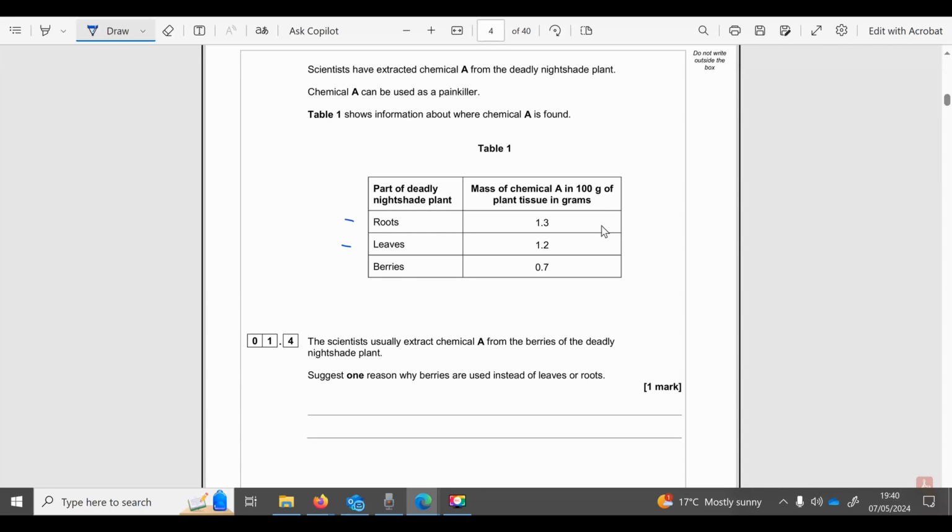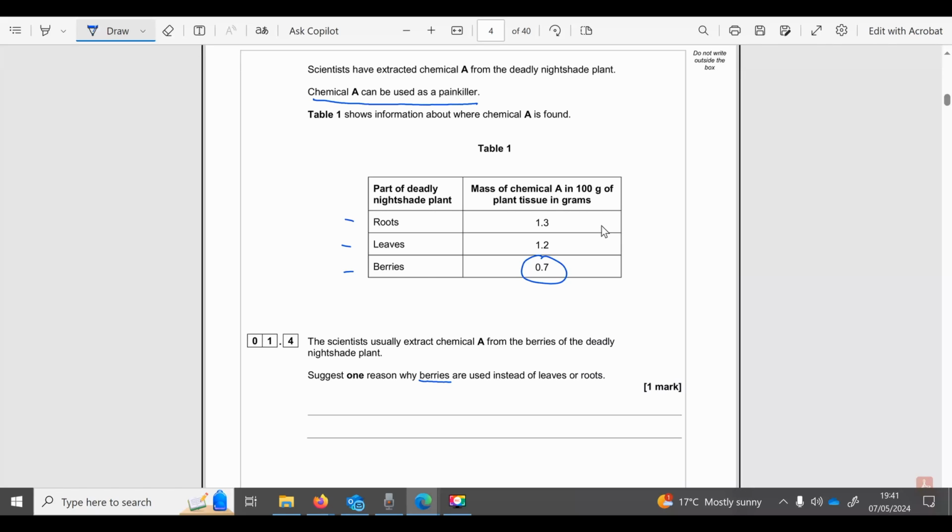So looking at the table, we can see the levels of each of the three parts of the plant. They want us to focus on berries. The value for berries is 0.7, which is the lowest out of the three. Remember that chemical A can be used as a painkiller. So ideally, we would want to get as much of chemical A from the plant as possible.